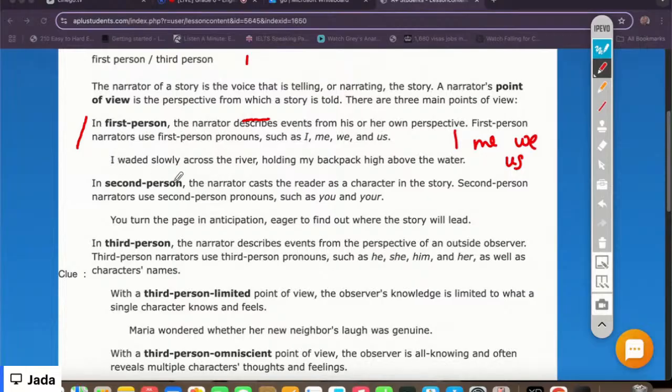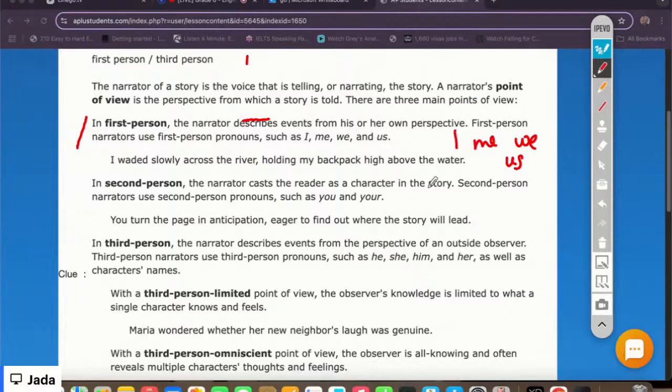Just like you can see here, I waded slowly across the river holding my backpack high above the water, okay?